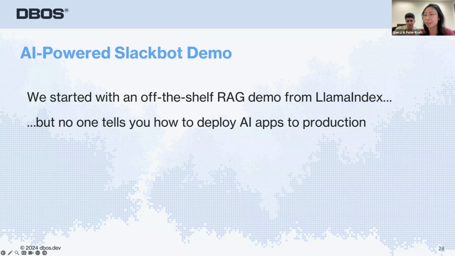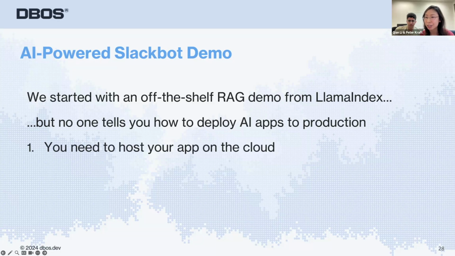So here are some specific problems you might run into when you develop a production AI application. So first, you need to find a way to host your app on the cloud. When I followed the original demo, I had to run it on my laptop, but it's not very reliable because I want to share this bot and want people to use and interact with it. So I need to find a cloud platform.